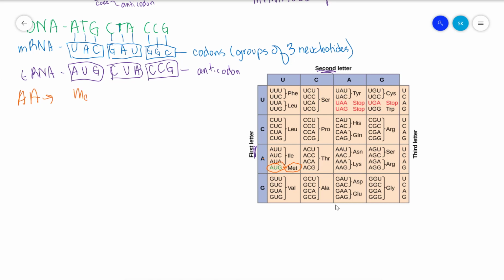But we just put MET. Then the next one, we go to C, then U. So we're looking in this box right here, CU, and then find the one CUA. That's leucine. All right, next, we go to the next one. This is CCG. So we go to C, then we go to the second box, which is C, and then we find the CCG, and that's proline.